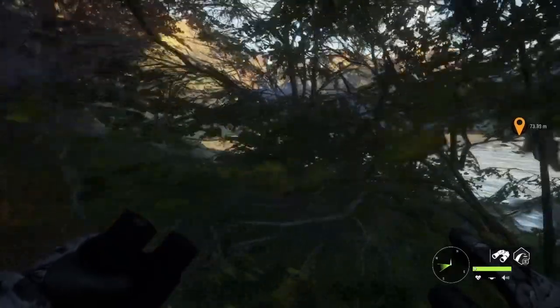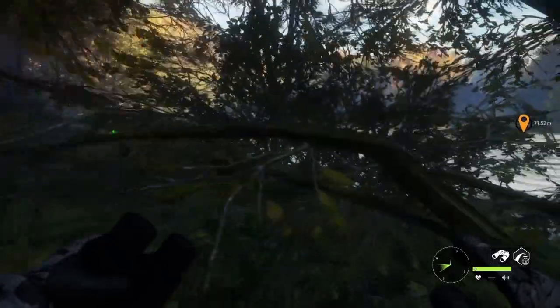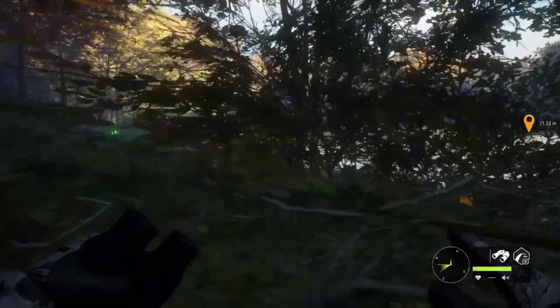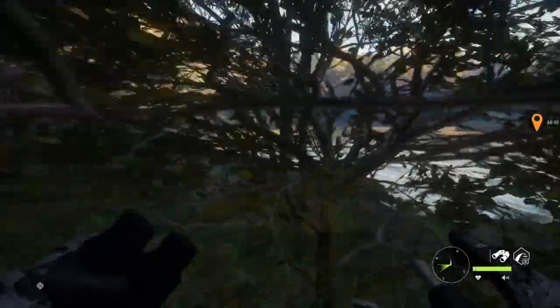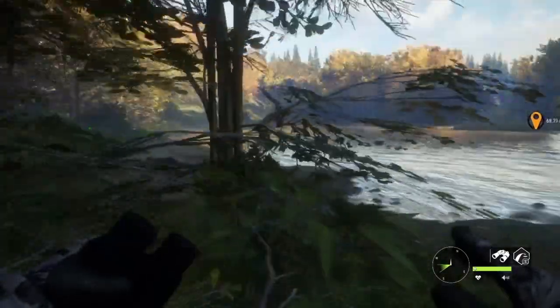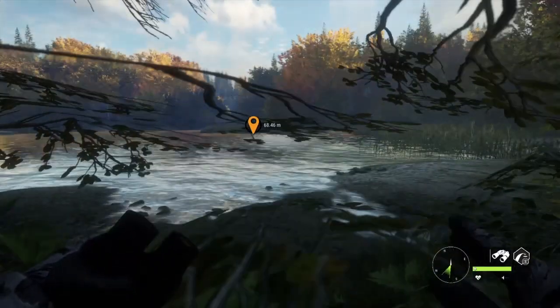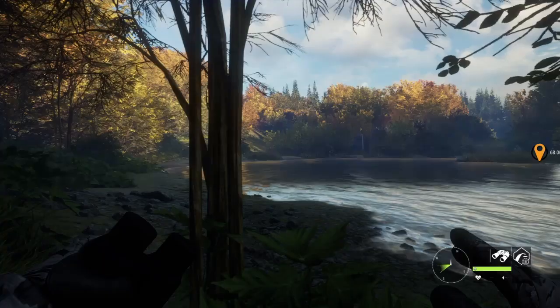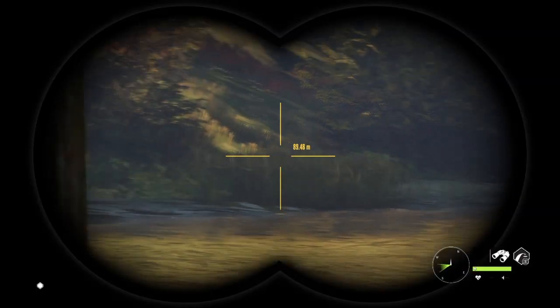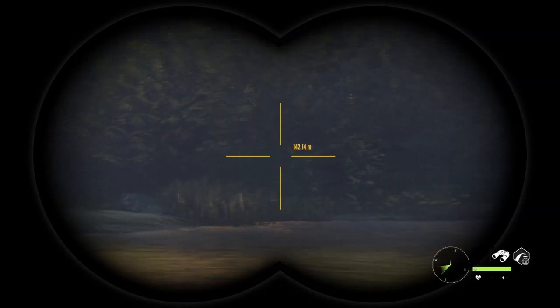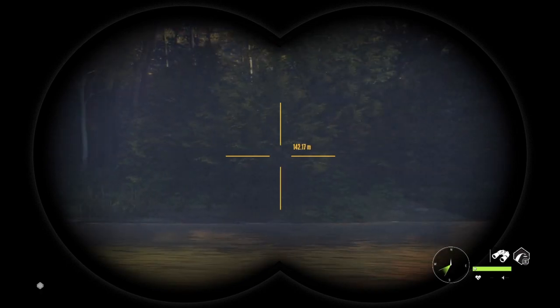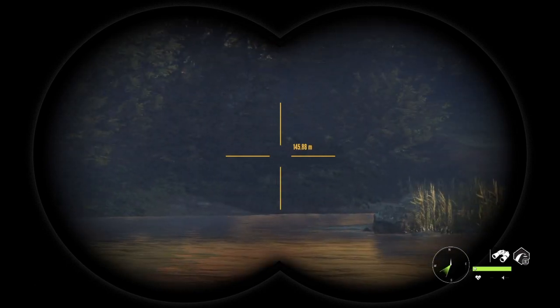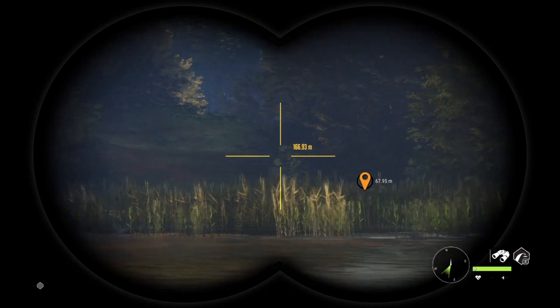When you're looking over drink zones, you want to make sure that you're not just looking at the water's edge, because a lot of species on a lot of maps, they'll be hiding up in the bushes. You've got to remember there's a radius around the water. So it's really weird sometimes when you see deer or whatever the species is, and they're up at 100 meters away from the water and there's a drinking zone.